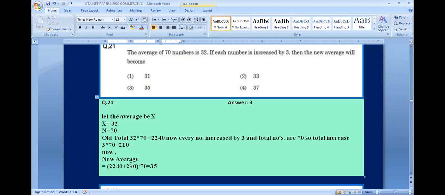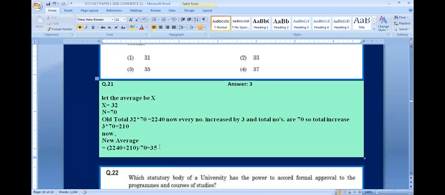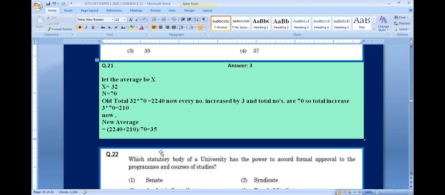The new average equals the new total divided by, again the same 70 numbers will be there, so divided by 70 equals 35. So this is a little bit elaborated method. I want people to think in this way so that you can get the answer easily.